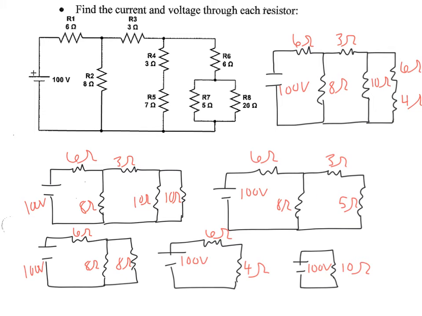So now we're looking for the current and voltage through each resistor. I know that my total equivalent resistance is 10 ohms.